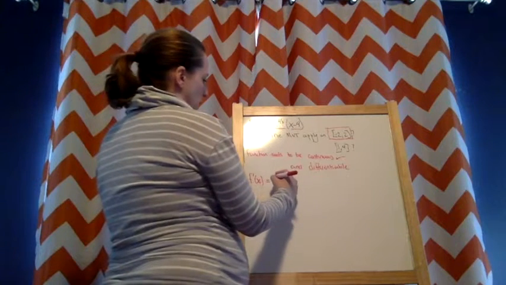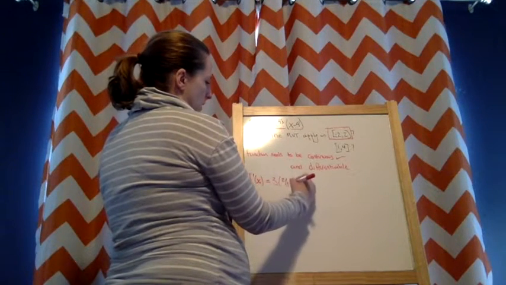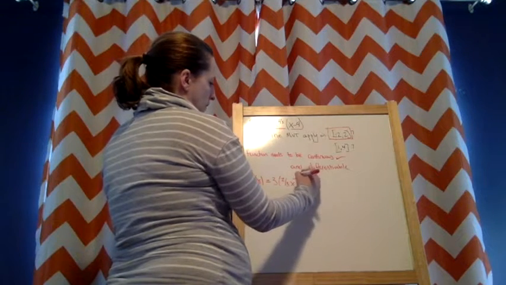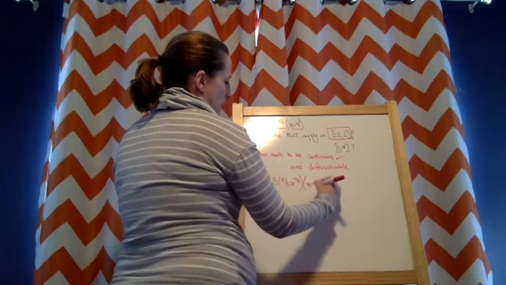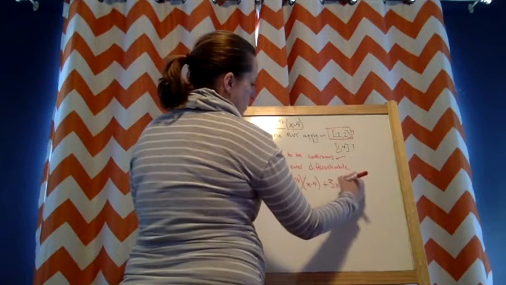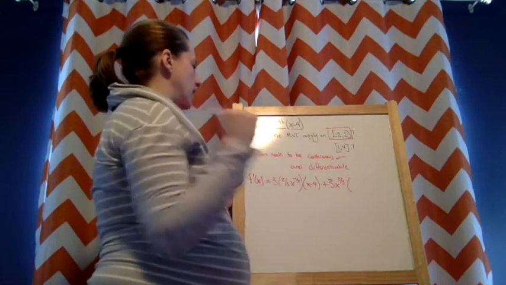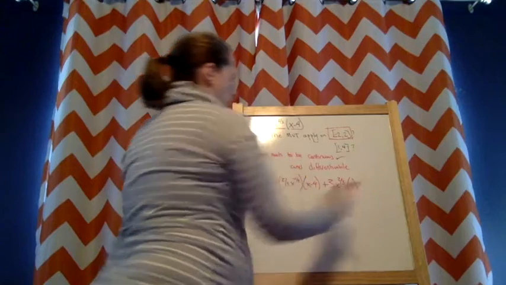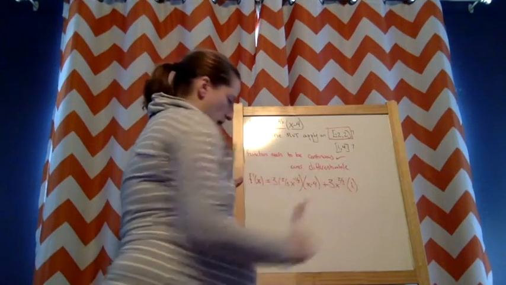The derivative of 3x^(2/3) will be 3 times 2/3 x^(-1/3) times my second function, x - 4, plus my first function, 3x^(2/3), times the derivative of my second function. The derivative of x - 4 is 1. So f prime times g plus f g prime.